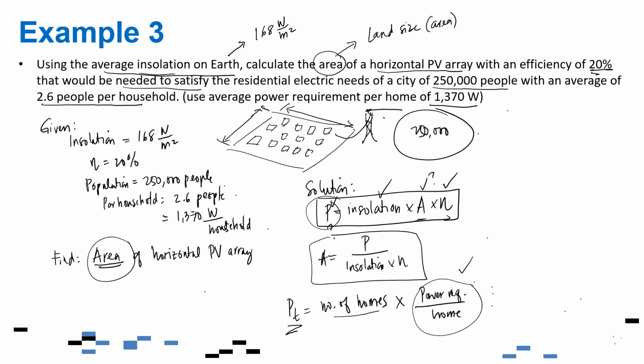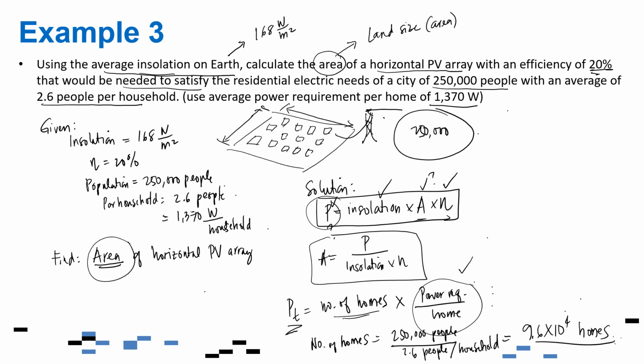We can get the number of homes by calculating from what we are given: the total number of people in the community, 250,000 people, and 2.6 people per household. In that case, we can now calculate the number of homes to be 9.6 times 10 to the 4 homes or households.